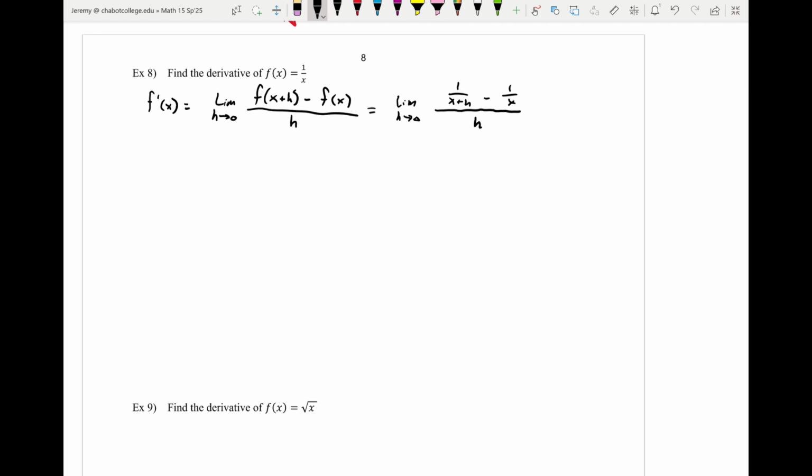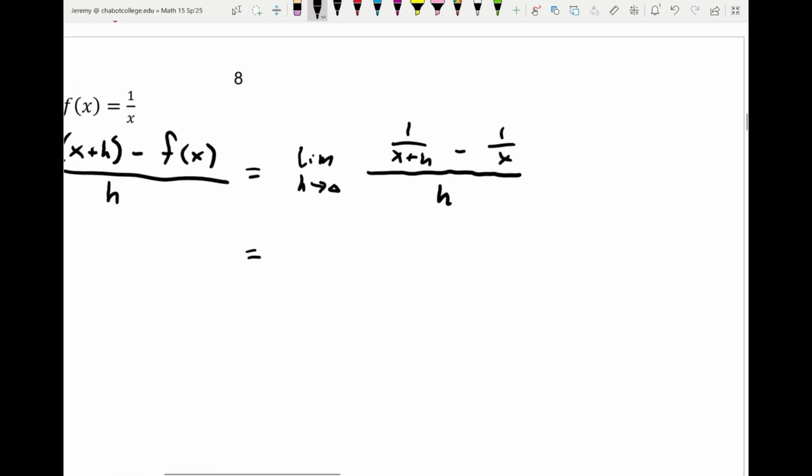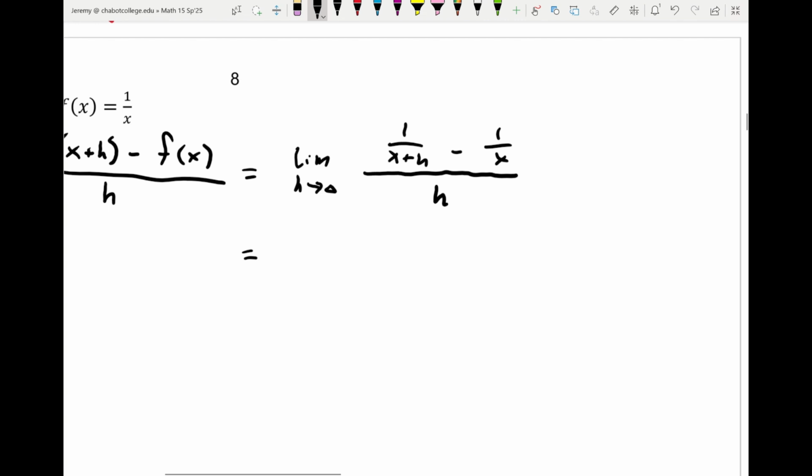Let's try to simplify this, right? Because I can't direct substitute. No surprises there. I have this weird fraction and a fraction thing going on. I usually try to simplify and get out of that situation. So how about we add these two fractions in the numerator together by getting common denominators? I'll multiply this function top and bottom by x.